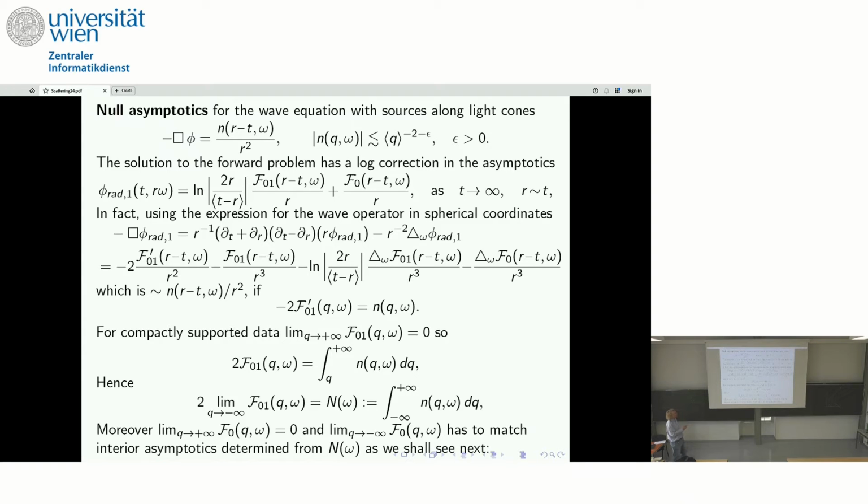That's what you get if you have a solution to the linear equation with sufficiently fast decaying initial data. Now, this doesn't work with radiation field, but from my work on Einstein's equation, I know that the solution should be of this form. And then you plug that into the wave equation, and the wave operator applied to this becomes much lower order, decays like 1 over r squared.